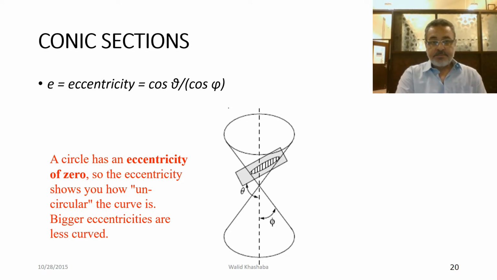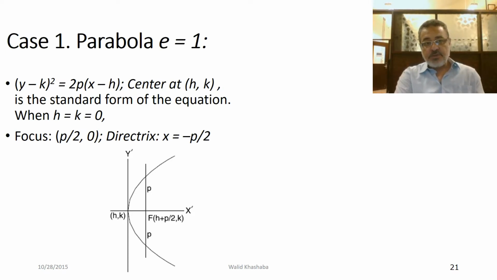Well, let's start with the first case. The eccentricity is E. The eccentricity is a ratio. You may know it from the previous slide. It's a ratio between the angles theta and alpha. Anyway, this is the standard form of the parabola.